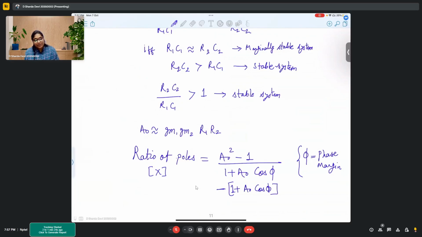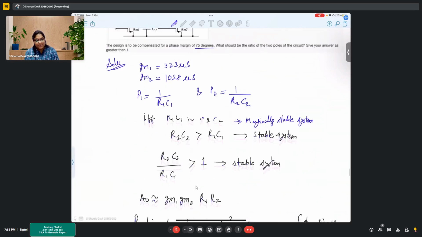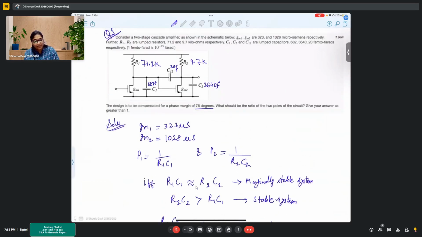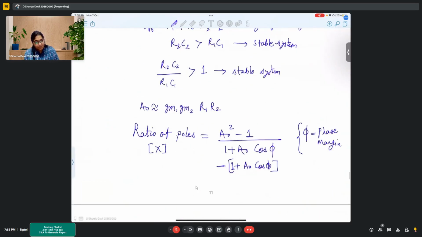In this formula, when we place the values of A naught and the phase margin, given as 75, so phi is 75, A naught is given, from there we can find the ratio of poles, that is X, and it turns out to be 810.98.